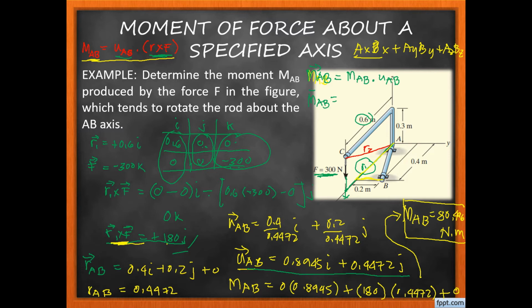So moment natin, kung multiply natin yung 0.8945 times 80.496, that is almost equal to 72i plus yung 0.4472 multiplied by 80.496, that is 35.99 or 35.9978 j.